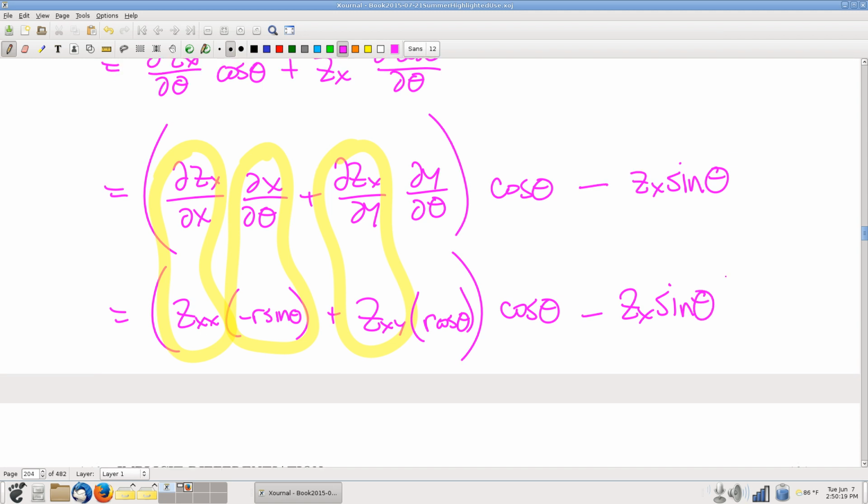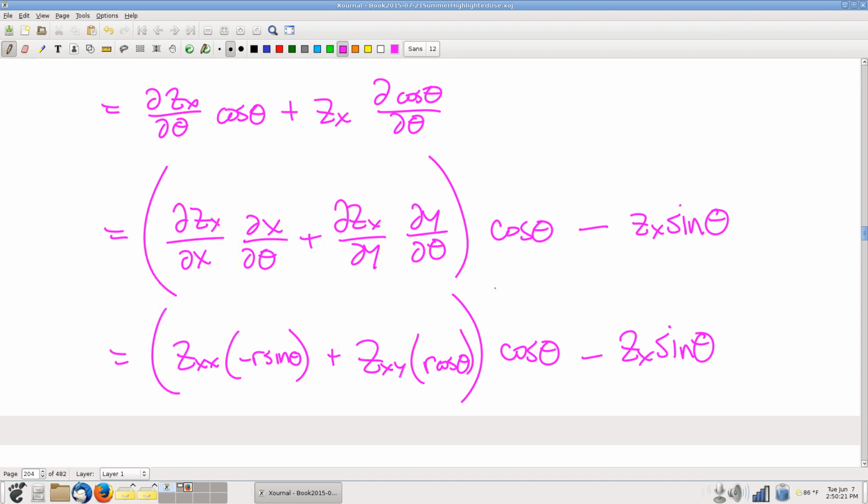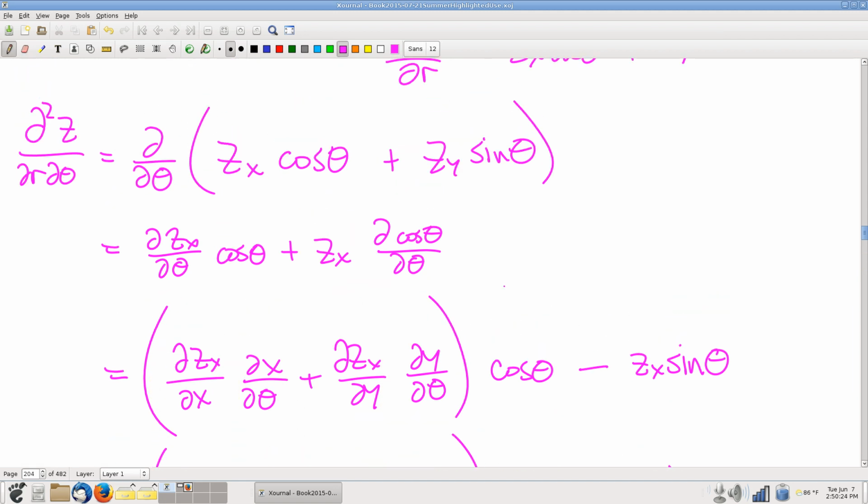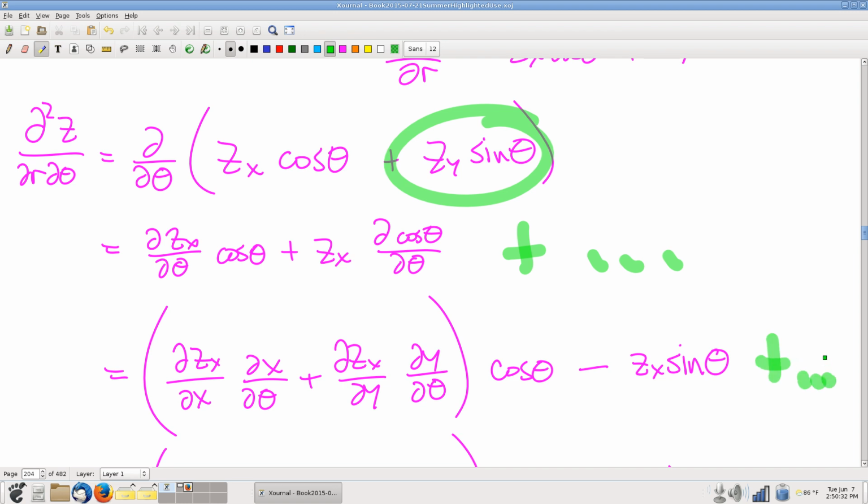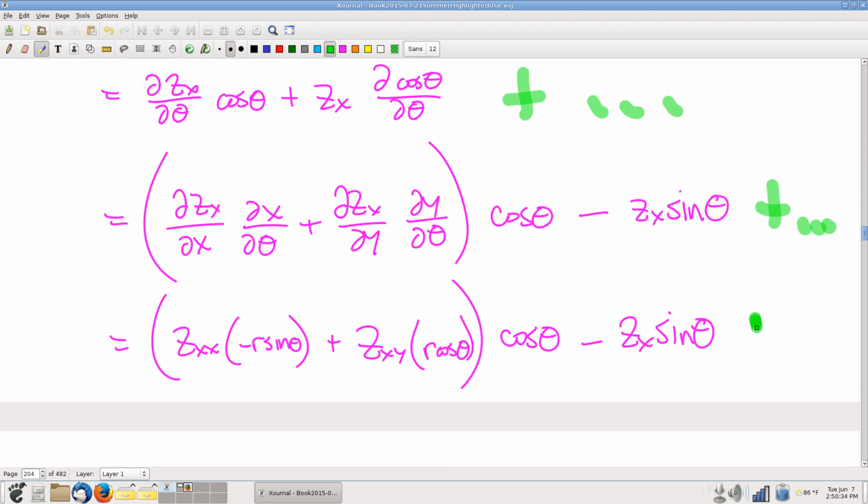Now, by the way, that's only the half of it. So I really should be writing as I go along here, plus the other terms. And you might want to simplify this a little bit.